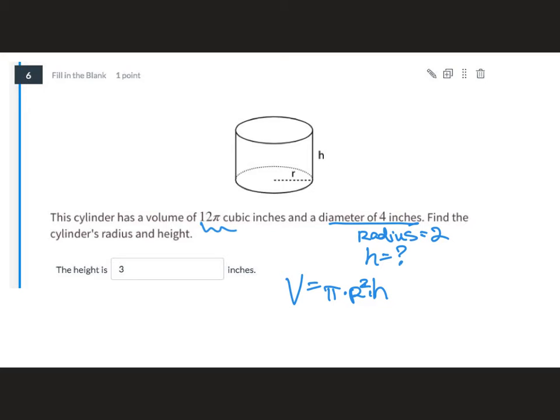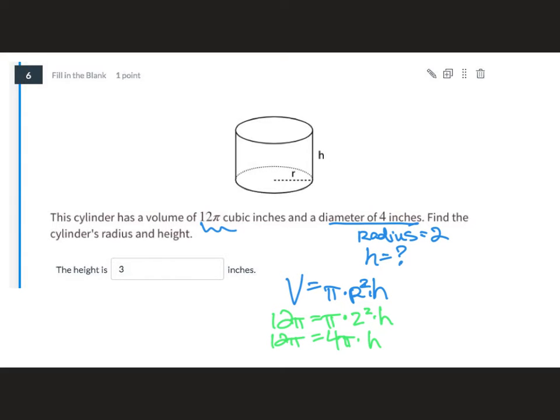And let's put in the information that we know. Our volume is 12 pi. We're going to leave the pi symbols there. And then our radius is 2 squared times height. 2 squared is 4. So we have 4 pi times h, and then we have 12 pi.